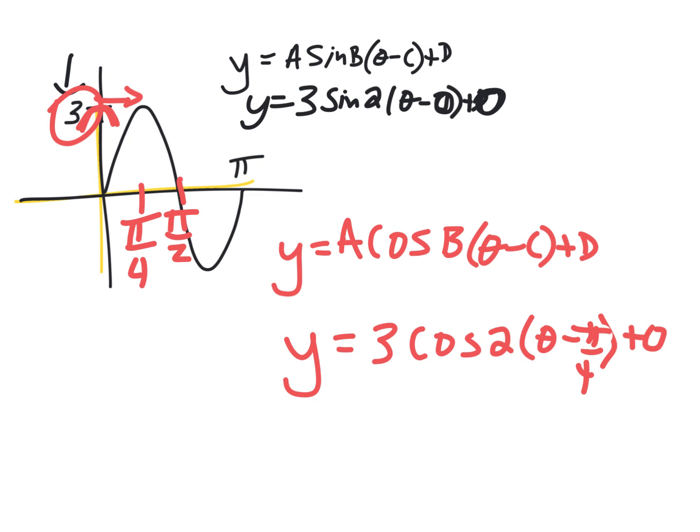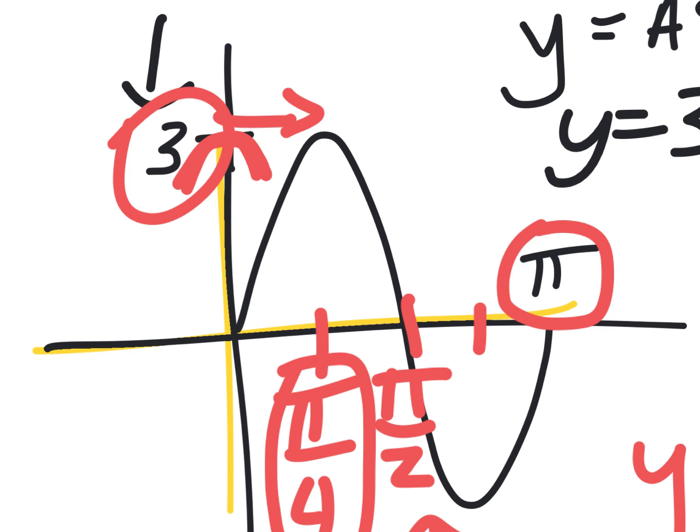So first off, it is pi over 4 right here because this started at a pi and then it was pi over 2, and so that's why this spot is pi over 4. The reason I know that cosine has been shifted that far is I look for the first peak. You know that deal from the lab, you look for the first peak, and it's how far to the right it has been shifted.